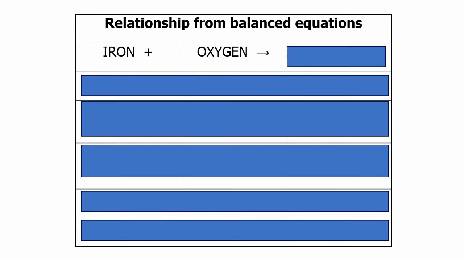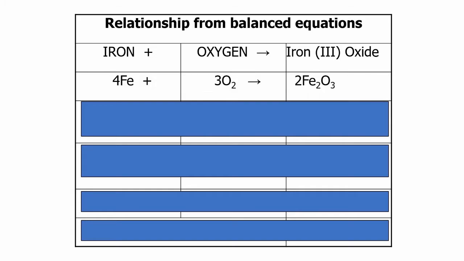Now look at this relationship from a balanced equation. So for example, we have iron and oxygen reacting. This should be a combination reaction that will produce iron(III) oxide.